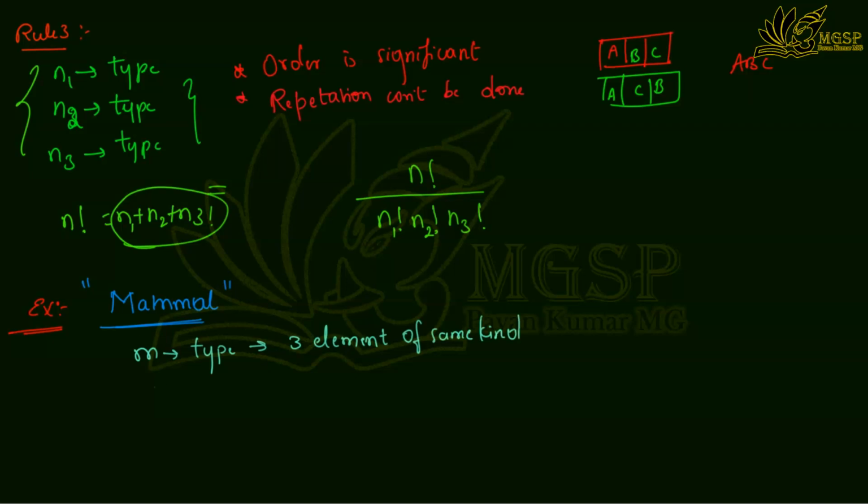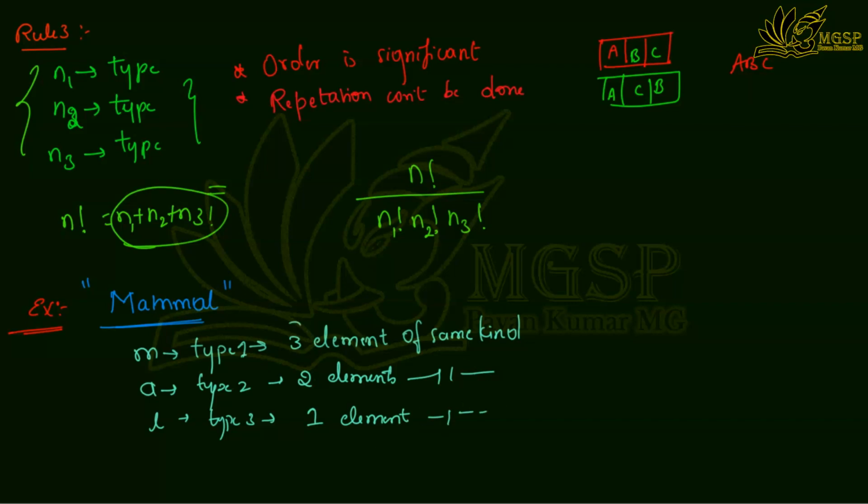Similarly, A is another type, type 2, which has two elements of the same kind. Again L is left, this is the final type, it has only one element of the same kind. So these are the repeated letters in the word MAMMAL.